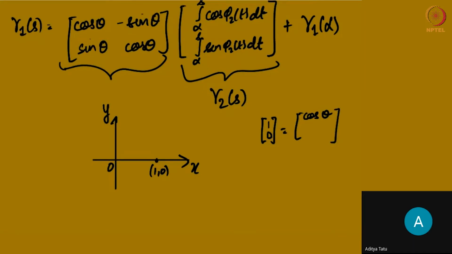You get sin theta. So this is nothing but a rotation matrix, where the rotation is by an angle theta.